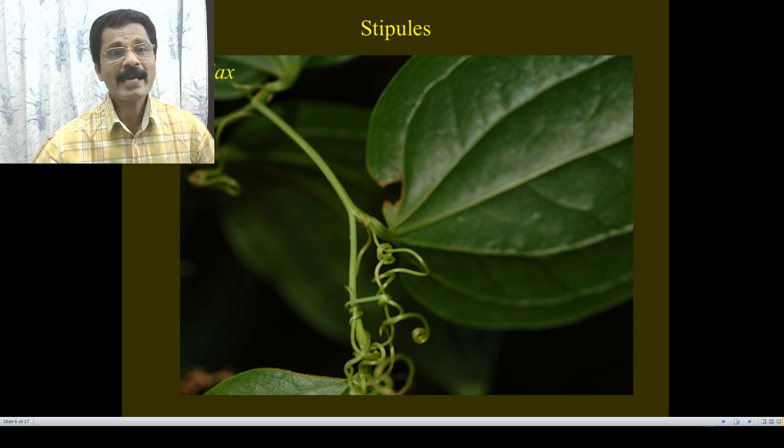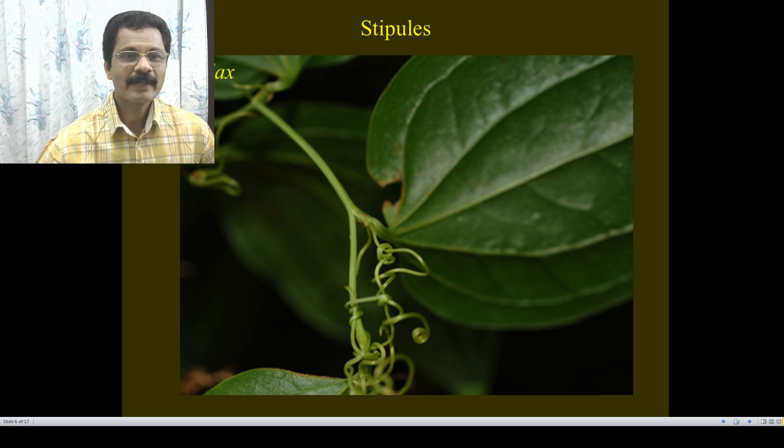In the case of Smilax, the stipule is modified into tendril. What is stipule? We have discussed the stipule, the small scale-like structures produced on either side of the petiole or the leaf base.